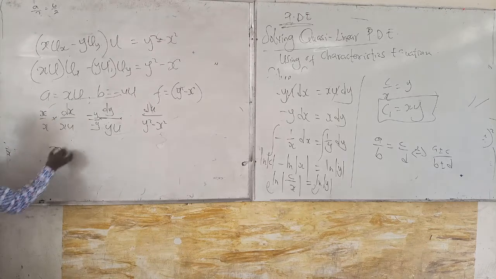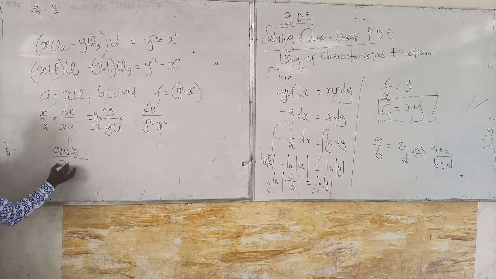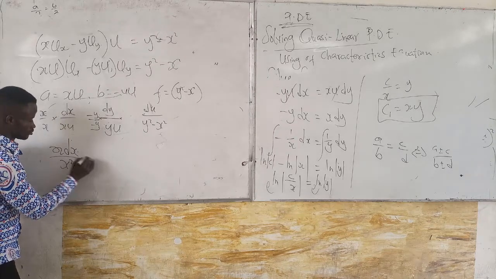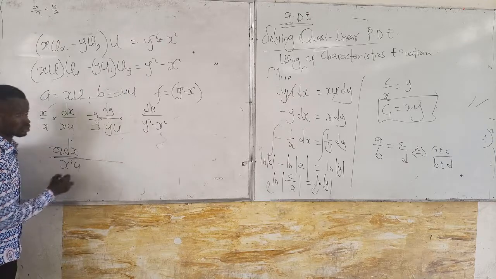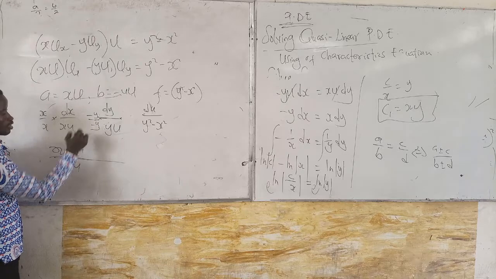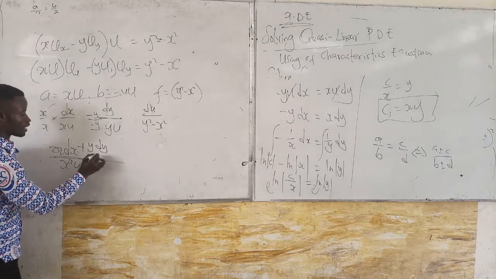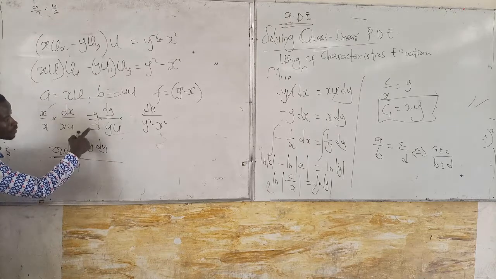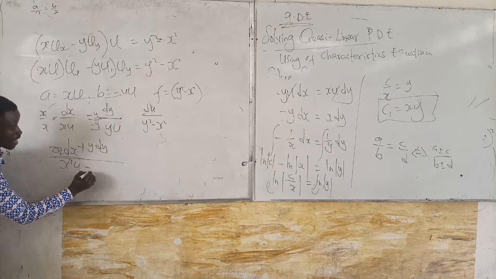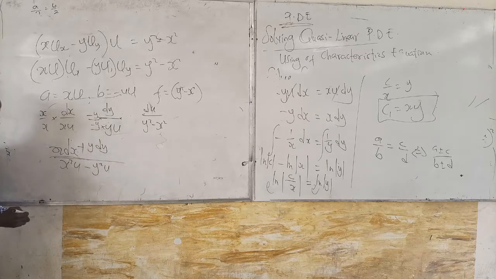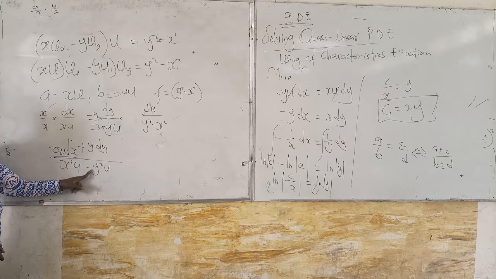So here we get s dx over s squared u, plus, because the negative is negative, y dy. Then what will happen here? Minus y squared u, s squared. Then the top one minus y divided.